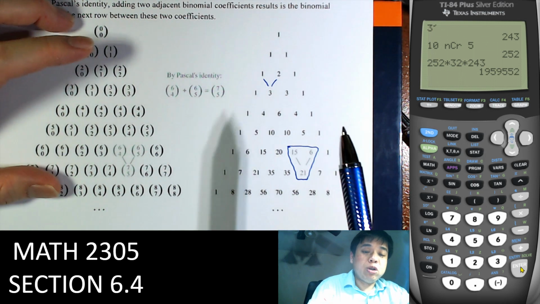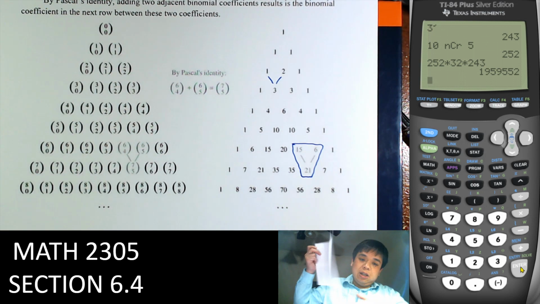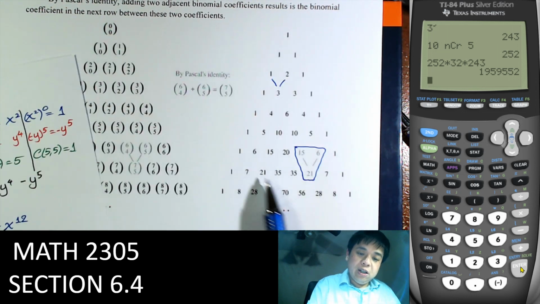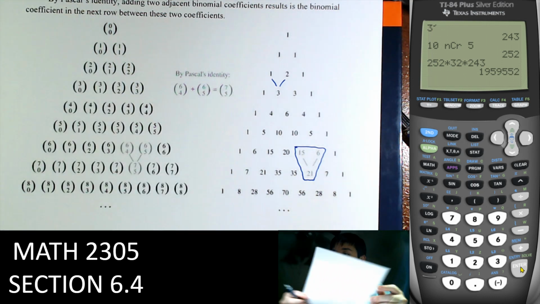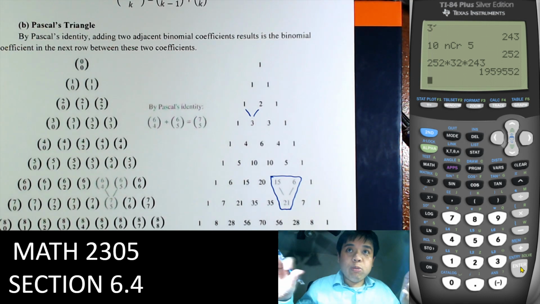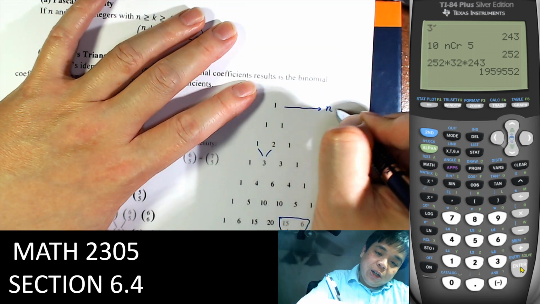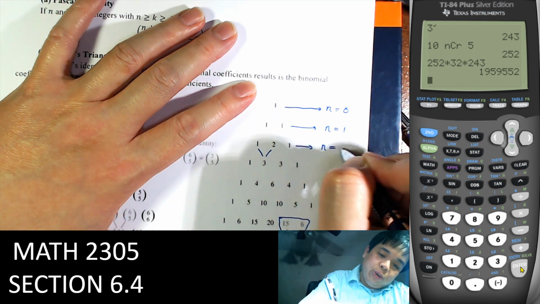This will give us the coefficients for the binomial expansion. For the fifth power, there's 1, 5, 10, 10, 5, 1. The first row corresponds to n equal to 0, then n equal to 1, n equal to 2, and so on.